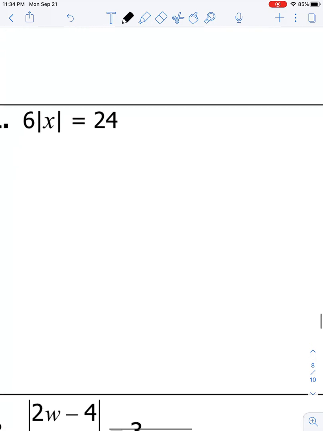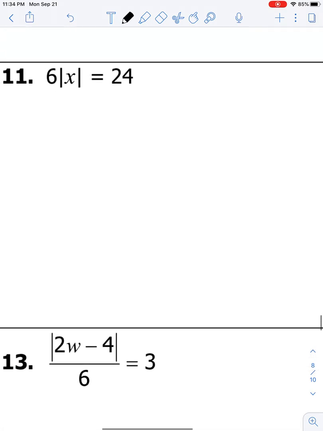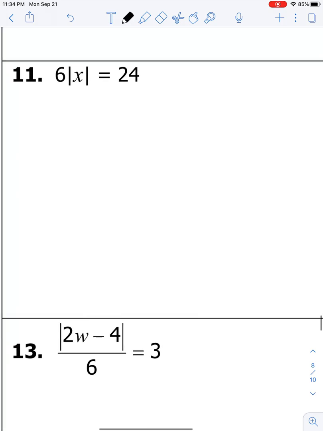Okay, number 11. Now what we have is a number directly on the outside of the absolute value. So what that means is it's multiplication. 6 times the absolute value of x. So how do we get rid of that 6 in the front?